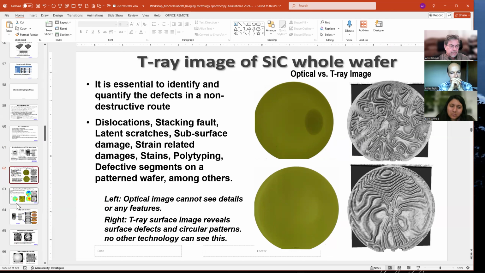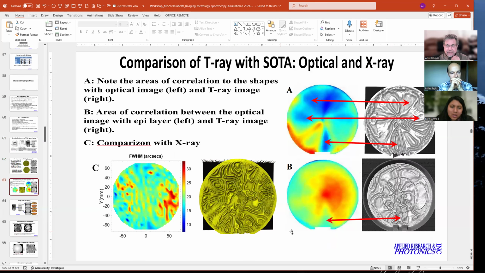So if we compare those images with the optical image, this one, number A, is the optical image of the same wafer whose T-ray image is next to it. This is the most modern machine that people have today on the left side image, the optical image.